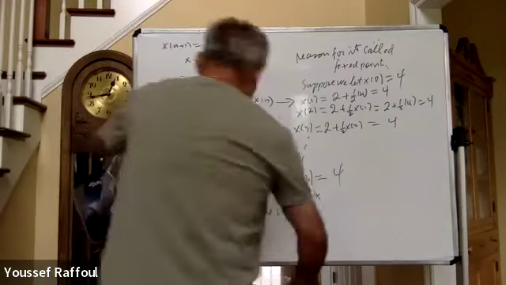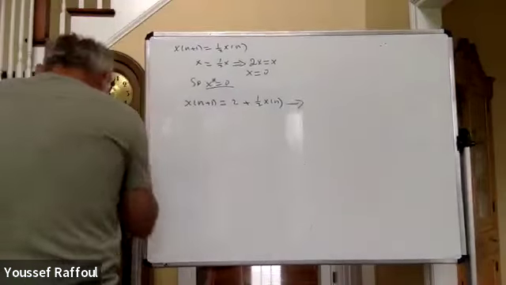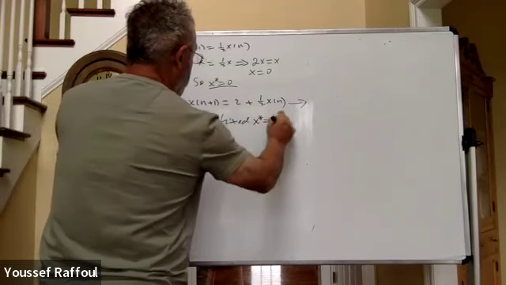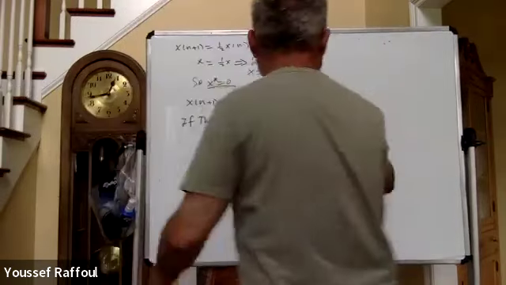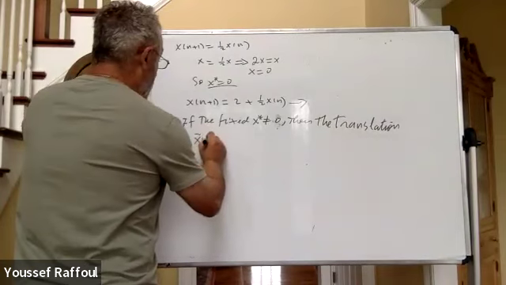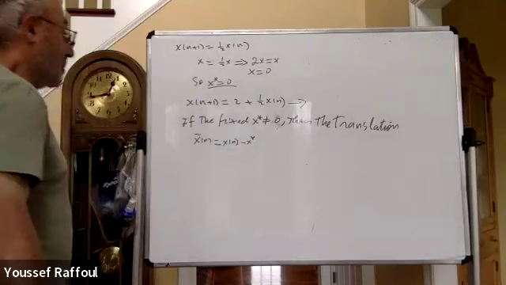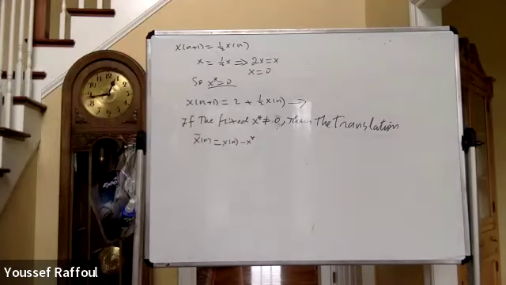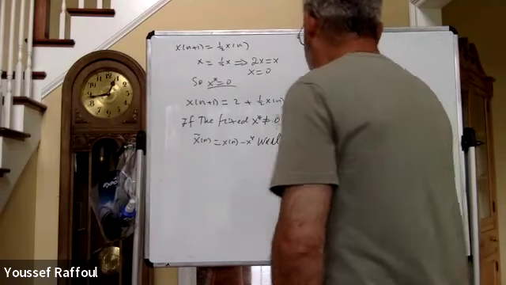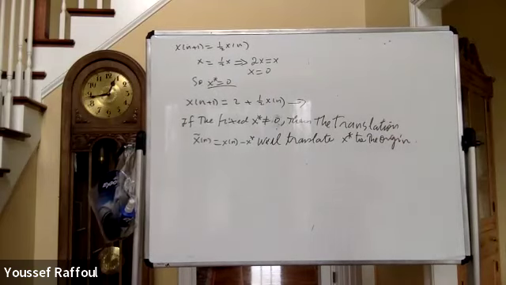Now, if the fixed point x star is different from 0, then the translation x star of n equal x(n) minus x star will translate x star to the origin. We'll bring it to the origin. Why?